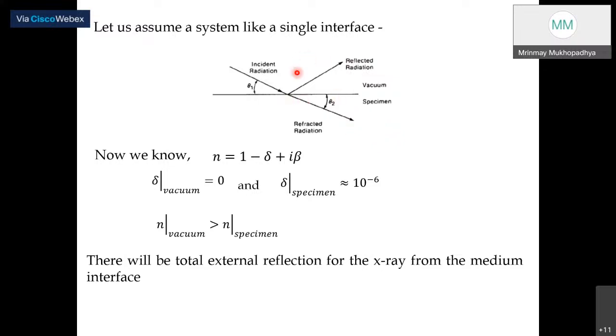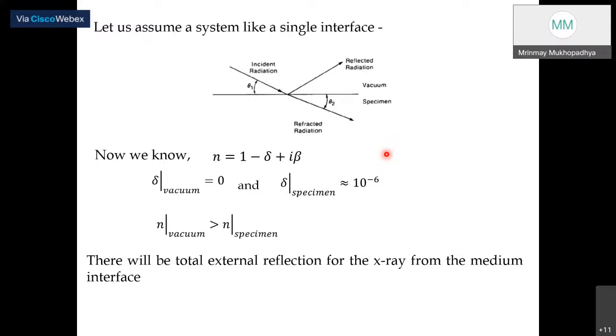For this case, delta for vacuum is 0, so n is equal to 1 for vacuum, but for the specimen delta is 10 to the power minus 6, so n will be a little less than 1. So the vacuum is always my denser medium and the specimen is my rarer medium. When light comes from a denser medium to a rarer medium, you always see total external reflection.